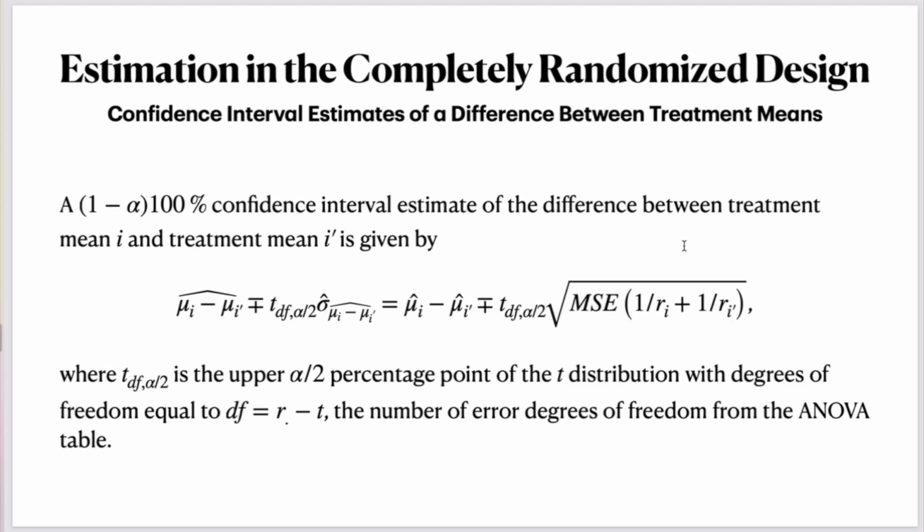And again, if we have equal replication under these two treatments, then under the square root sign, that would just be 2 times MSE over the common sample size. Again, the interval coefficient, the t-value, is the upper alpha over 2 percentage point of the t-distribution with degrees of freedom equal to the number of error degrees of freedom in the ANOVA table.